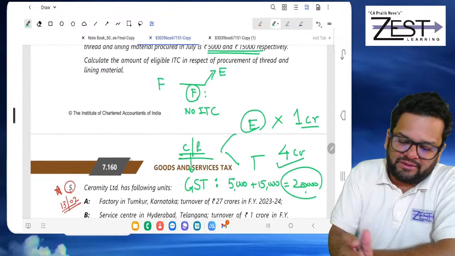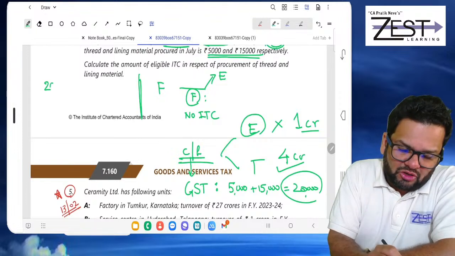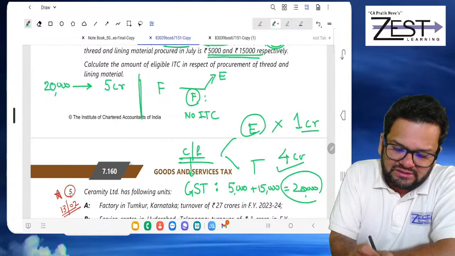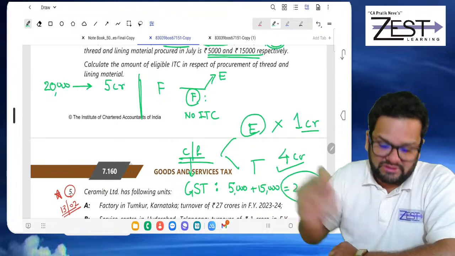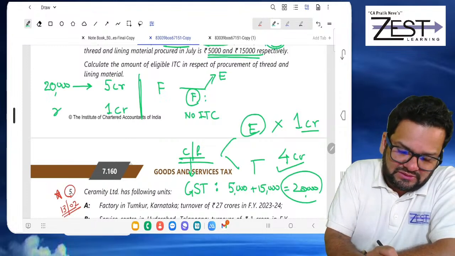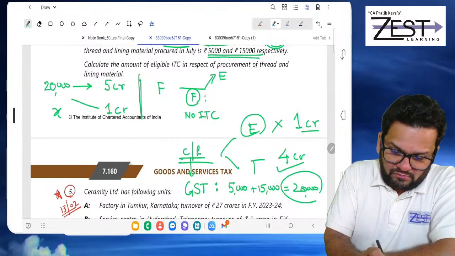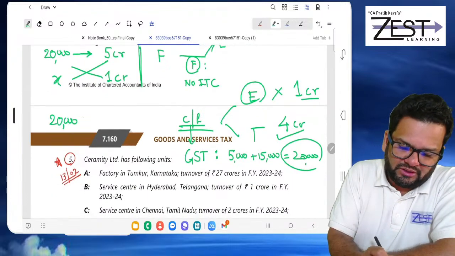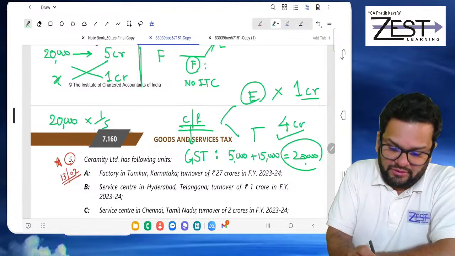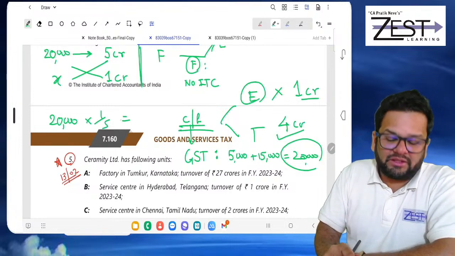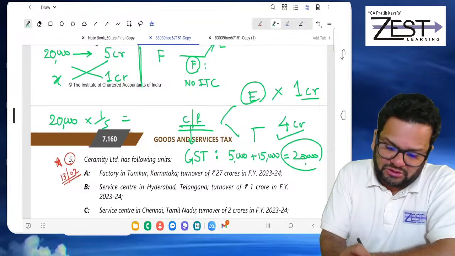So can I say this ITC of 20,000 is used for making 5 crore turnover? So how much is towards this 1 crore? Check. 20,000 into 1 by 5 is 4,000.